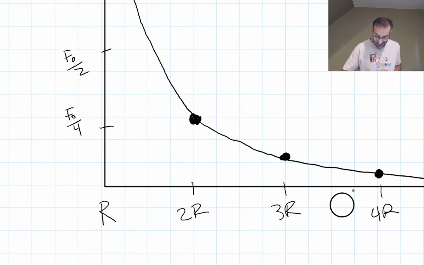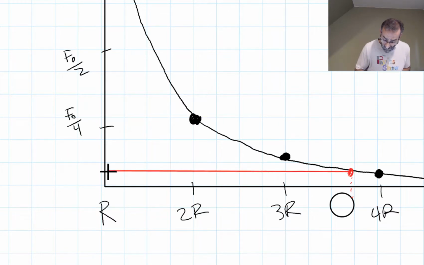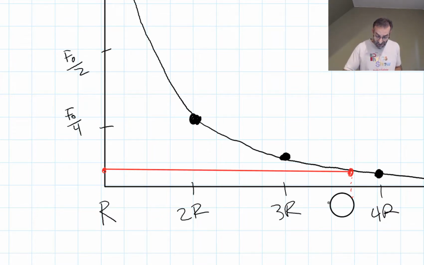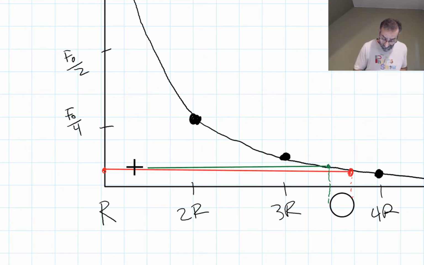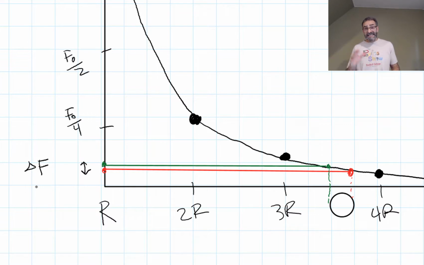So one side of the Earth is feeling a gravitational force here, and the other side of the Earth is feeling a gravitational force here. And this is the delta F on the Earth. One side is feeling a force that's a little bit less than the other side because it's far away from the object it's interacting with.